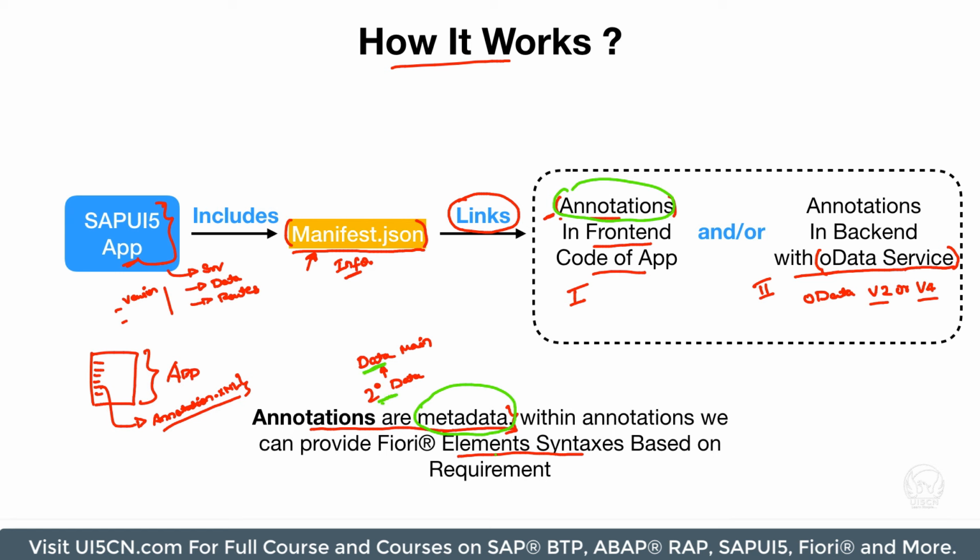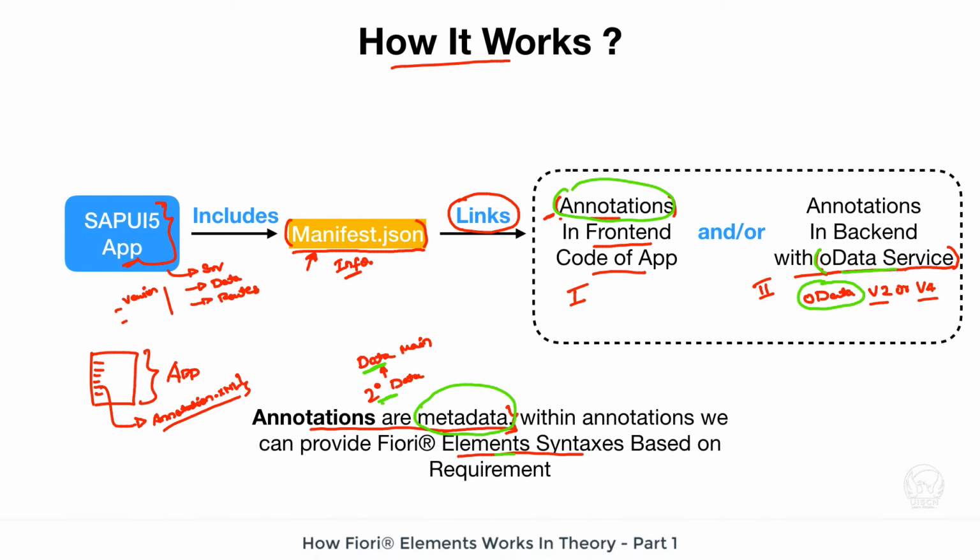What this metadata is and how we actually do that, we'll see in a couple of minutes. The second takeaway is that you can also have annotations within your OData services, and if you want to create them, then we have to do certain development in the backend code of these services, where the services code is written. We have to add this annotation to the backend service so that we get the same feature.